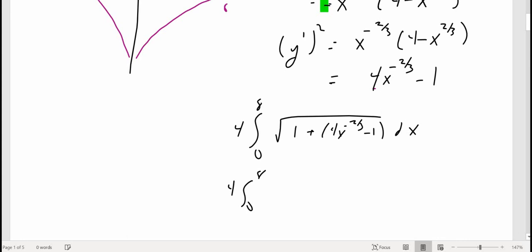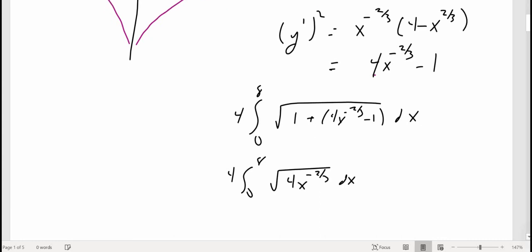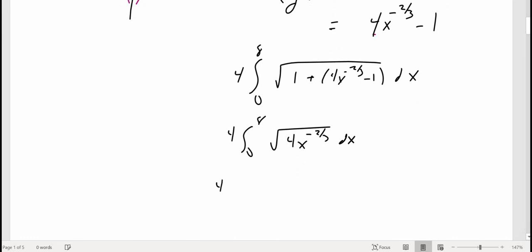So that's going to be, well, just 4x to the negative 2/3 dx. Remember, that's to the half, right? So that's just going to be 2x to the negative 1/3.